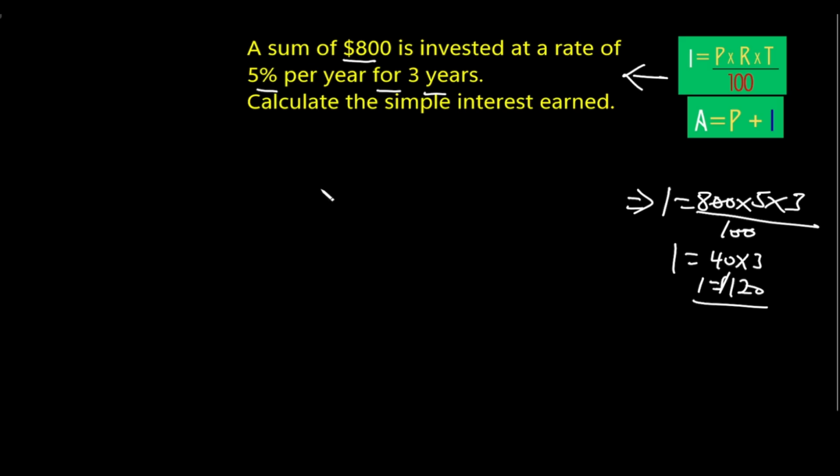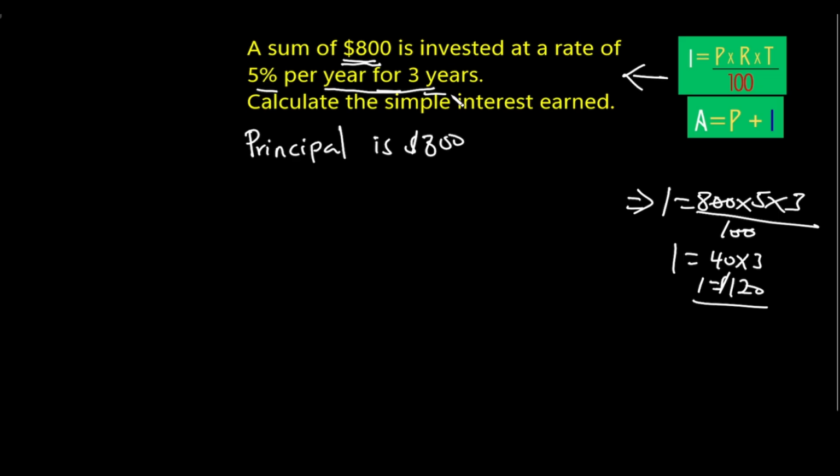First of all, a sum of $800 is invested at a rate of 5% per year for 3 years. So what this means is that the person invested $800, and this money is kept for 3 years, and every year there is a 5% interest on it.